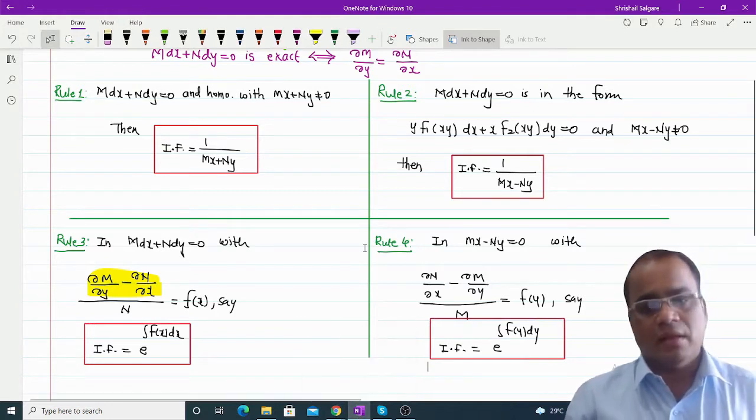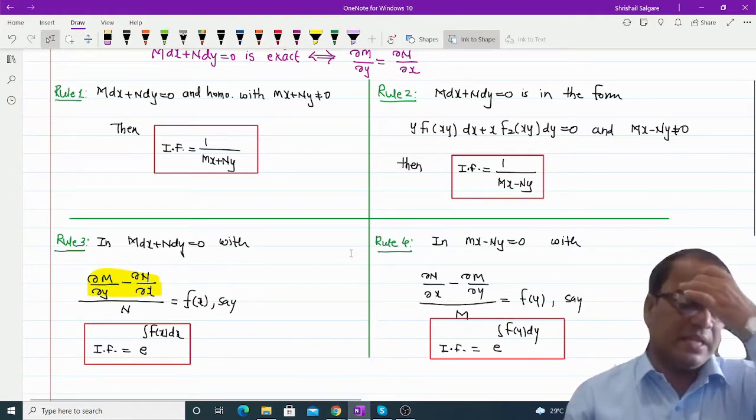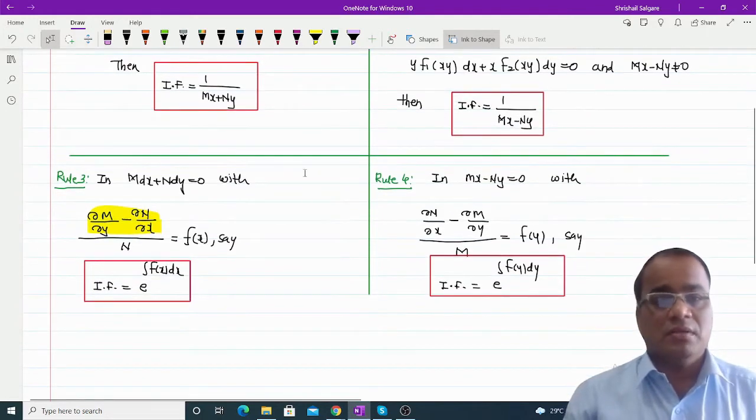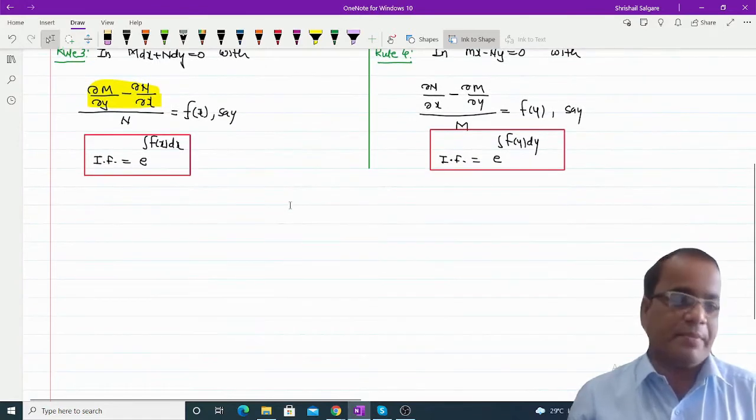I will continue with exact and non-exact both. While finding the derivatives or in another case, if I ask a question, respond immediately.